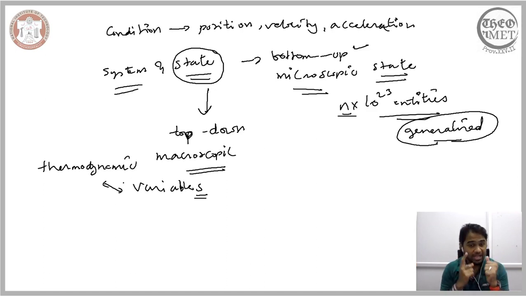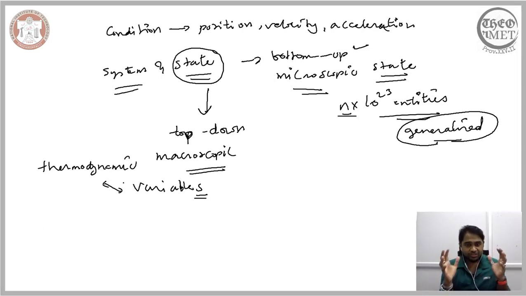The reason I'm reiterating this is because we need to know why we are able to identify such variables. We are able to identify them because when you fix these variables, you fix the state of the system, and then you can describe the state of the system based on them.